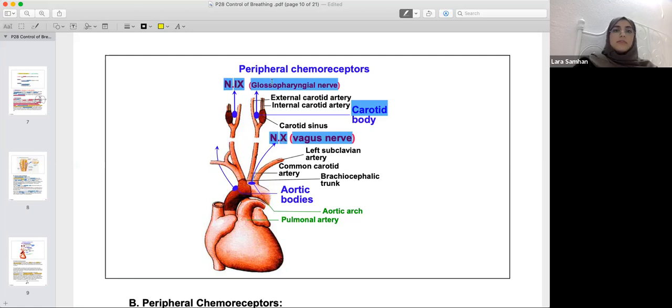N is cranial nerve. So the vagus nerve is cranial nerve number 10, and IX is cranial nerve number 9. So the glossopharyngeal nerve is cranial nerve number 9, and the vagus nerve is cranial nerve number 10. Don't really focus on cranial nerves 9 and 10 in this lecture.